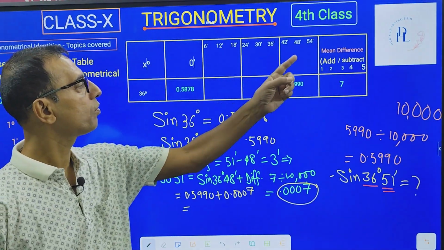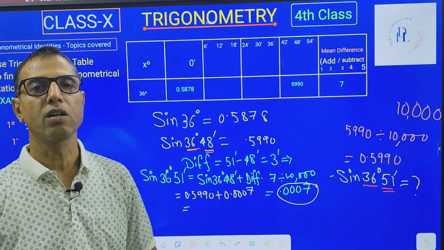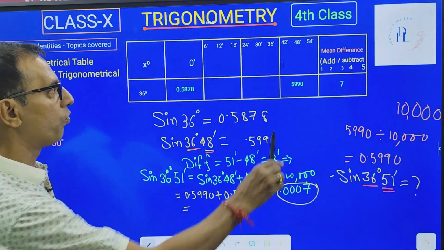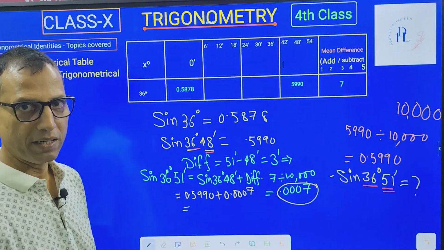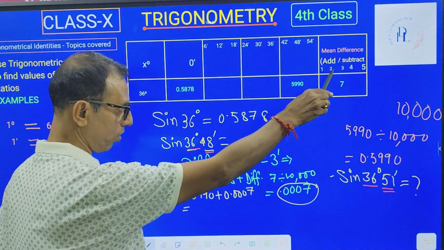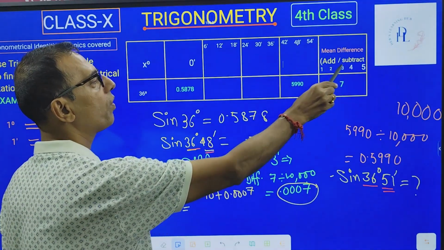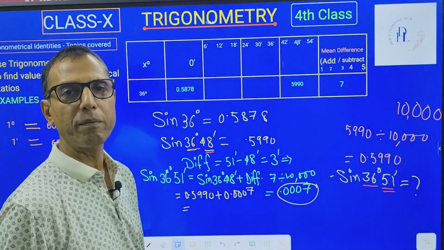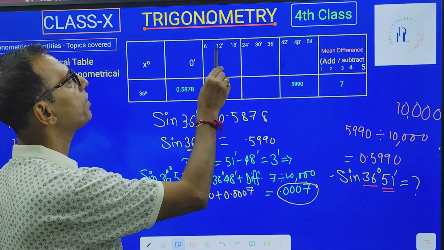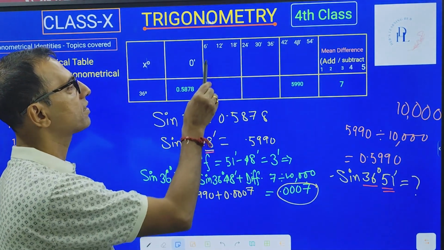So this is the utility of the last column, the mean difference, and why 5 minutes are given in the mean difference, not 4, not 3, only 5. The difference could be maximum 5 minutes, because the difference between minutes in the main table is given as 6 minutes.